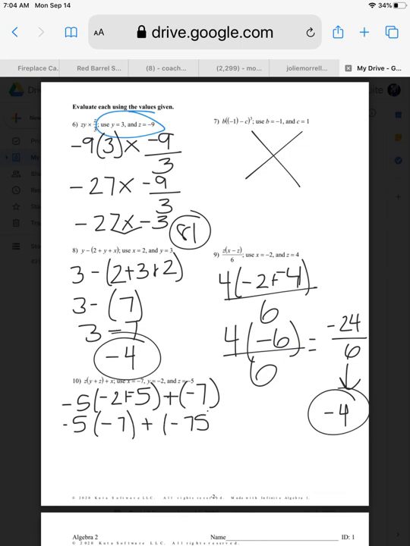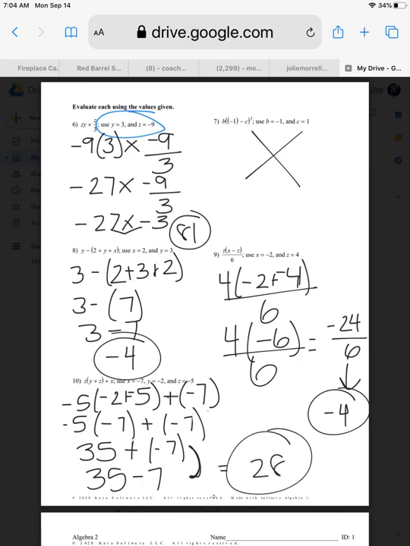Okay? Keep change flip. -2 plus -5 is -7. -5 multiplied by -7 is positive 35 plus -7. Okay, this just means this. These two are the same thing. Okay, my answer is 28.